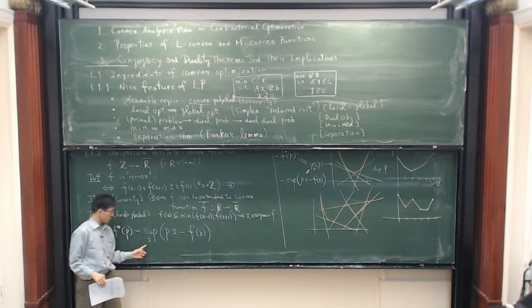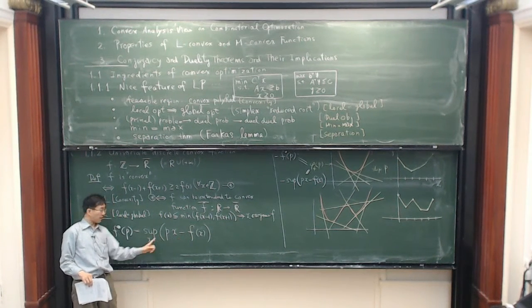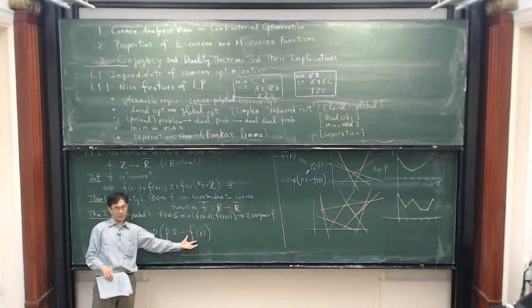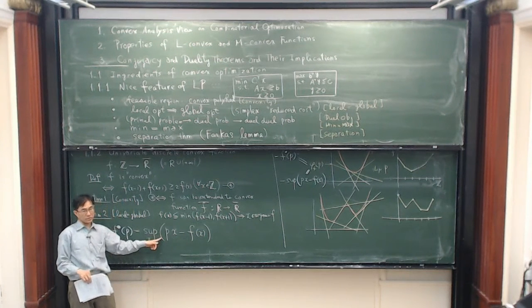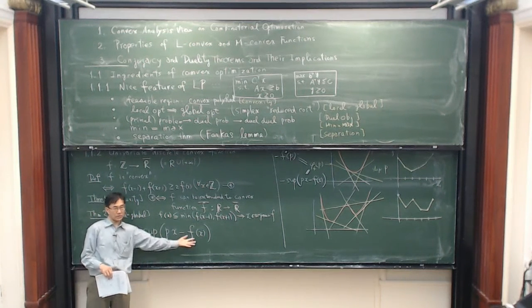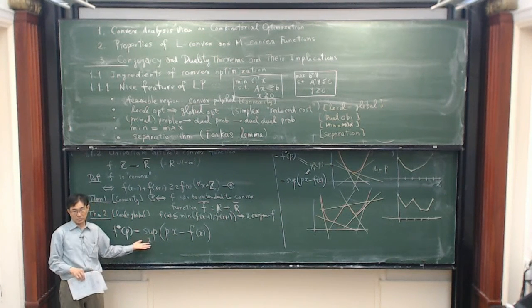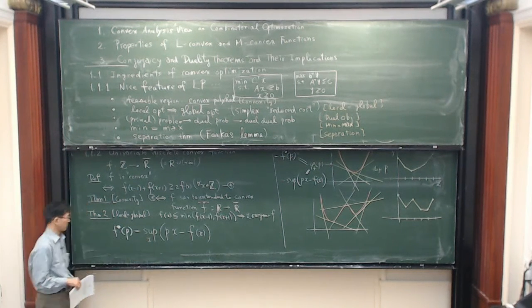And this is a function in p. x is a parameter here. px minus f(x) is a constant when viewed as a function in p. So this is an affine function, a linear function. And taking the maximum of linear functions, we get a convex function. Okay? So this is easy to see. This is a convex function.